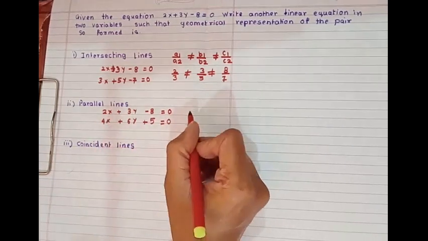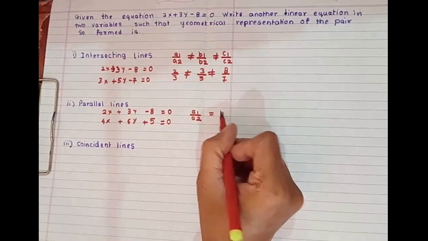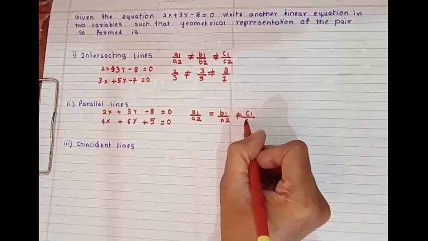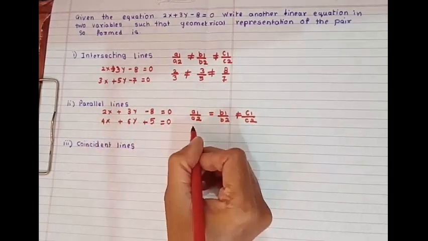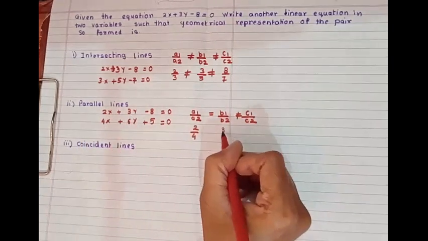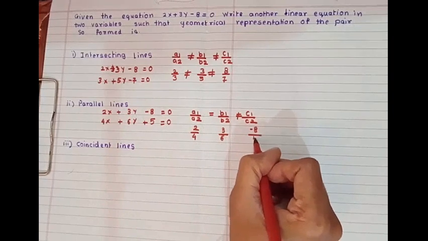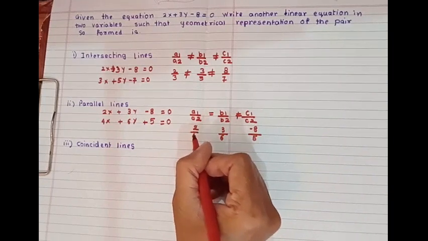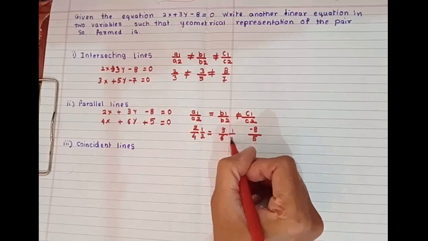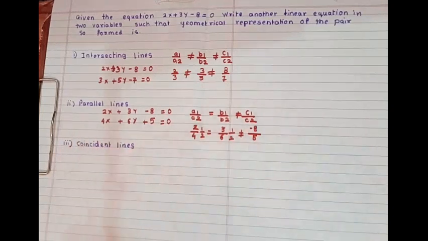What you get here? a1 upon a2 is equal to b1 upon b2 not equal to c1 upon c2. So here my a1 upon a2 is 2 upon 4, b1 upon b2 is 3 upon 6, and c1 upon c2 is minus 8 upon 5. So it will again here become 1 upon 2 is equal to 1 upon 2 but not equal to minus 8 upon 5. Parallel lines.